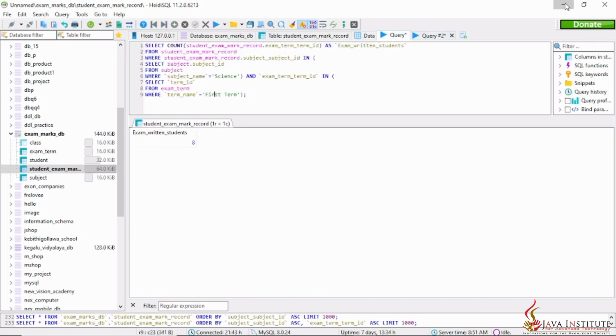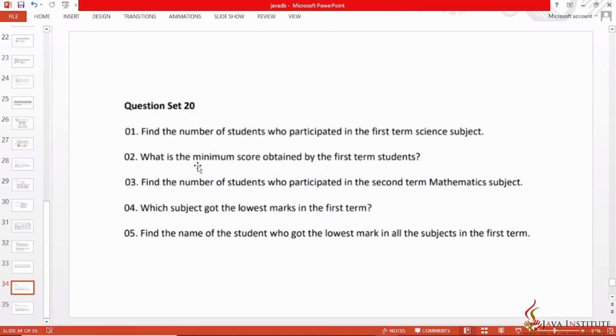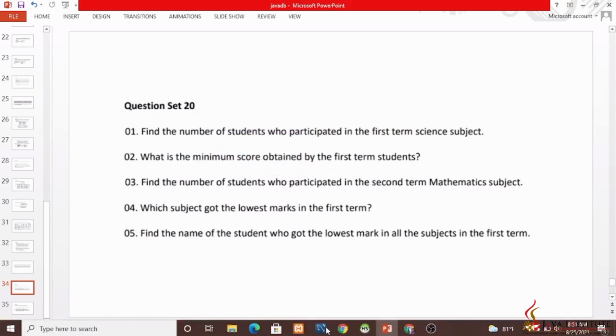Then the next question, what is the minimum score obtained by the first term students?